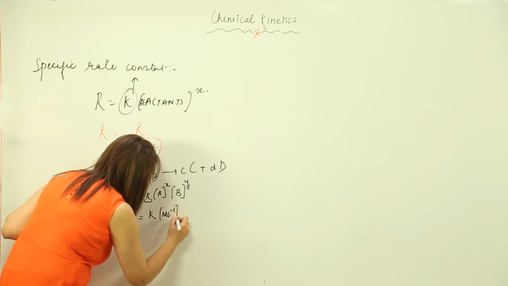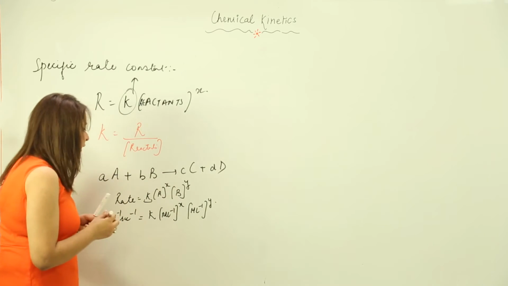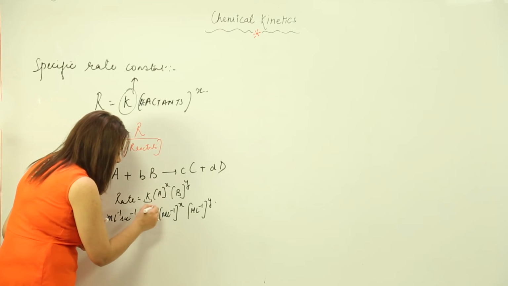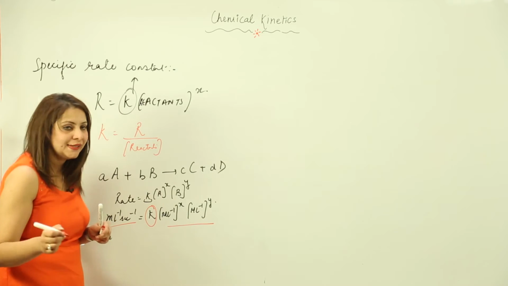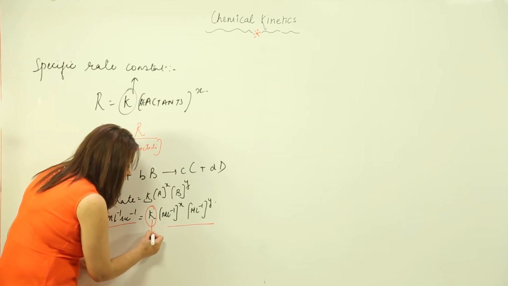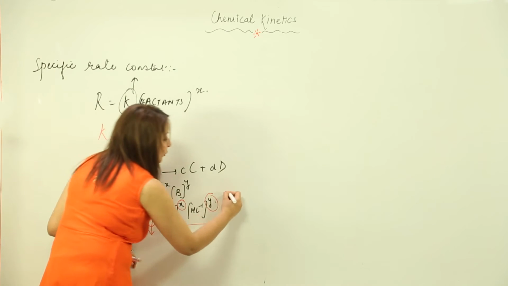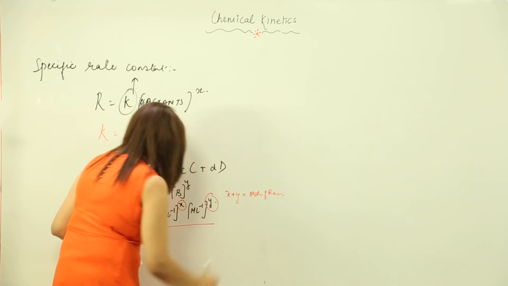So let it be moles per liter to the power X, and moles per liter to the power Y. The unit for rate of reaction and the unit for concentration are the same, but the unit for the rate constant is going to be different because it depends on the values of X and Y. That means it depends upon the order of the reaction.